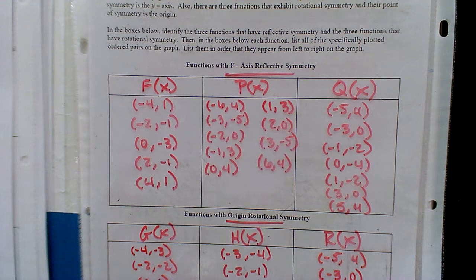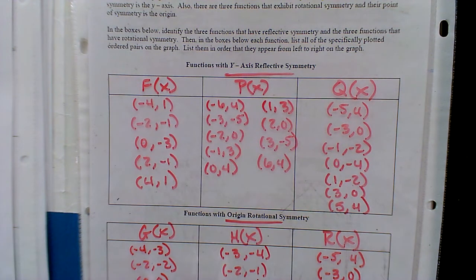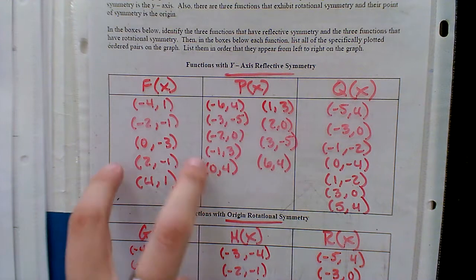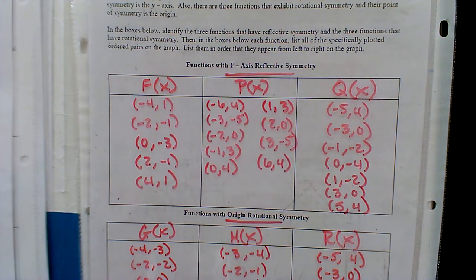So go ahead and let's take a look at the y-axis ordered pairs first. Can you find a connection between the numbers or the ordered pairs for each individual function?